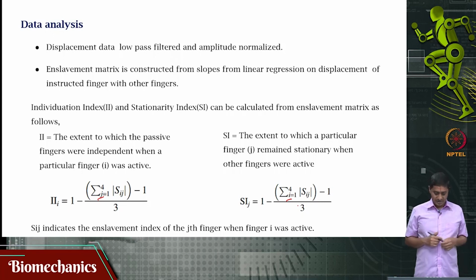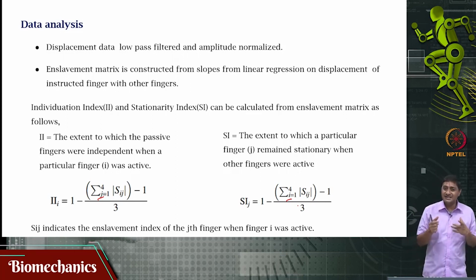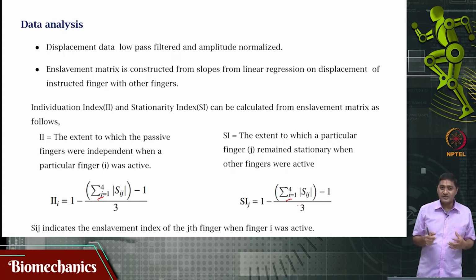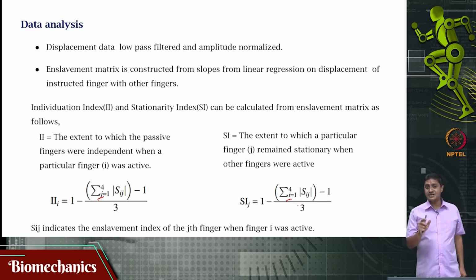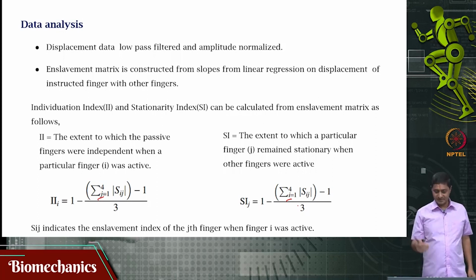The enslavement index of the jth finger when the ith finger is active is Sij. So in which dimension you sum determines whether you are talking about individuation or stationarity. It's a very small difference, too tiny to be noticed, but the actual difference in the computation is huge. Please be very cautious in understanding and interpreting this.